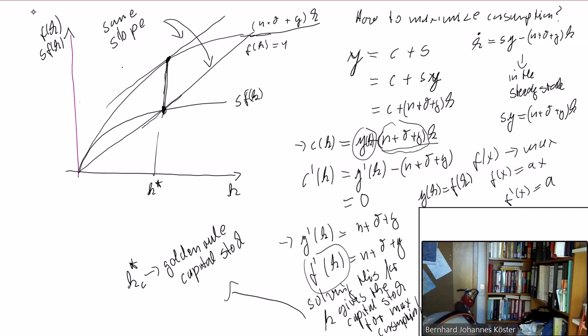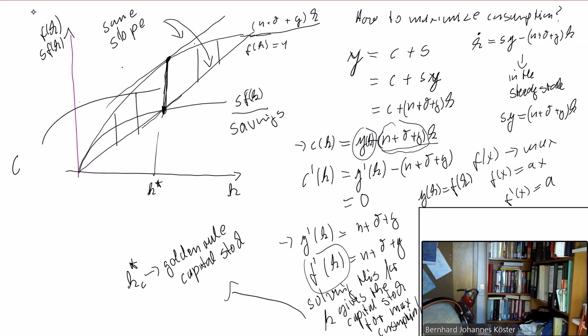Well, graphically, we more or less see this directly because the consumption is just the distance between total production and savings. So always here the distance between these two functions is consumption.